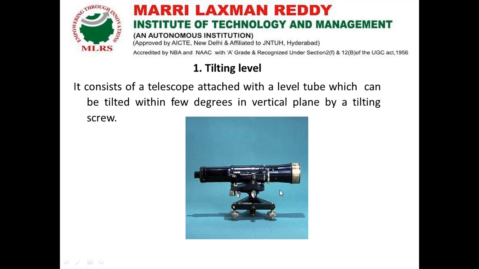The tilting level is the instrument which has adjustments so that the telescope can be rotated through a few degrees in the vertical plane, either like this or like this, with the help of tilting screws.